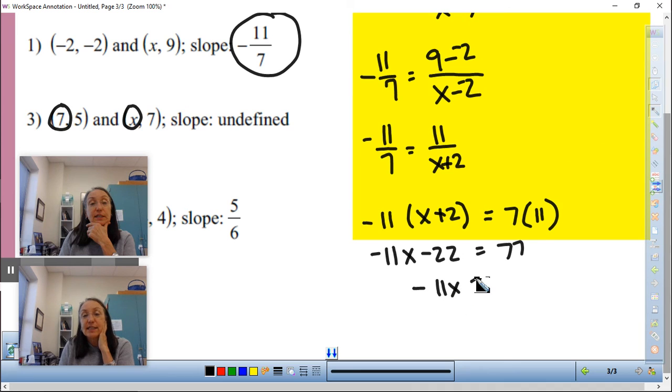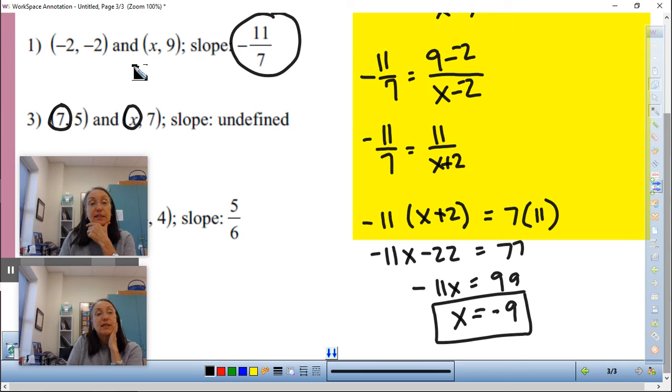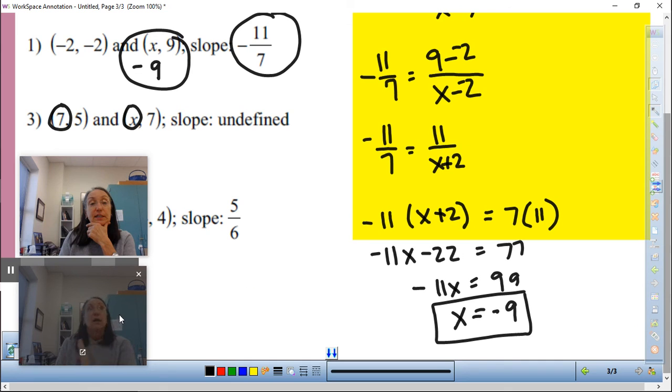Negative 11x is equal to 99. x equals negative 9. So what's missing is a negative 9. So that's how you find a missing coordinate in this situation, and it doesn't really have a title.